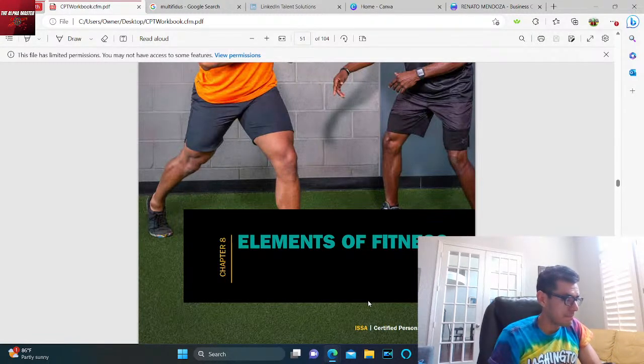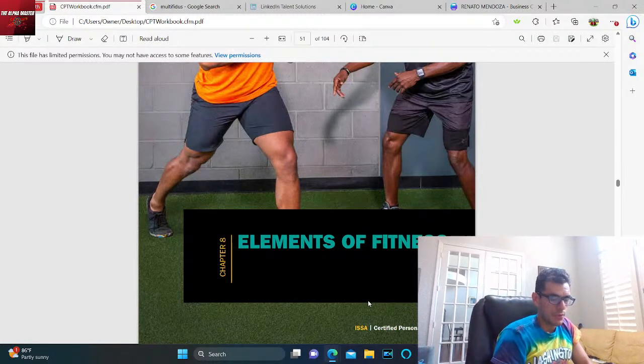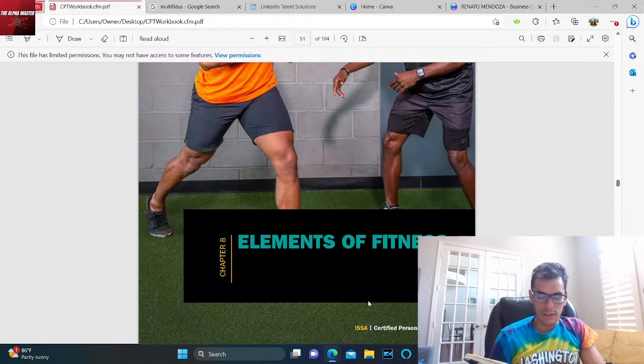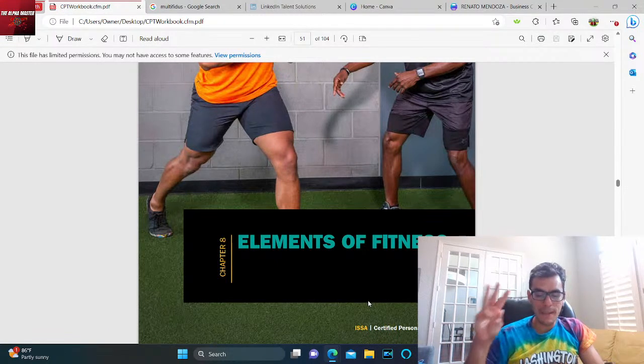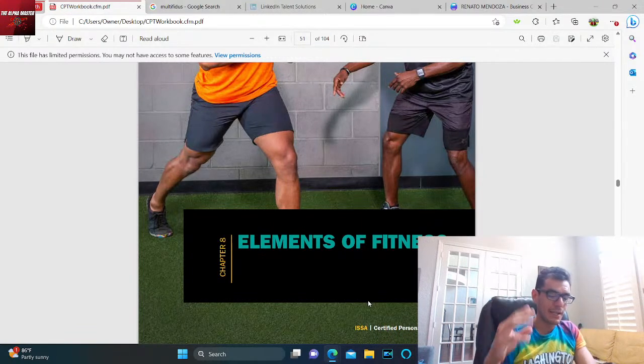Then you have the three measurements used to determine the intensity of cardiorespiratory training: the target heart rate, the rate of perceived exertion, and the heart rate zones.